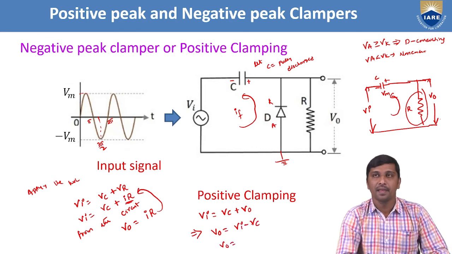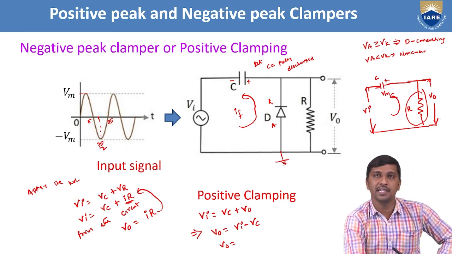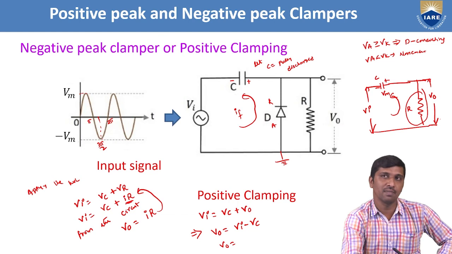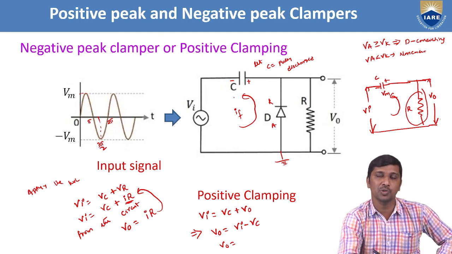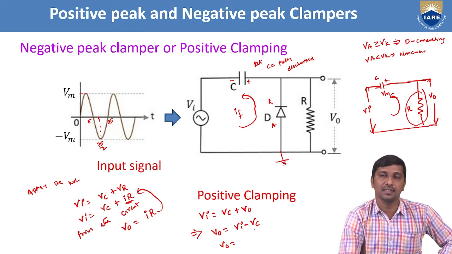But at this 3 pi by 2 interval, whenever Vi reaches minus Vm, the capacitor is also charged to the maximum voltage Vm, but here the input direction is minus Vm. Hence, the capacitor is also charged towards the minus Vm voltage. Hence, the voltage across the capacitor is represented as minus Vm.